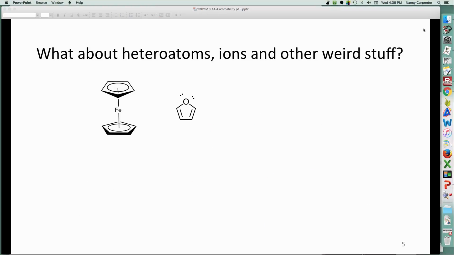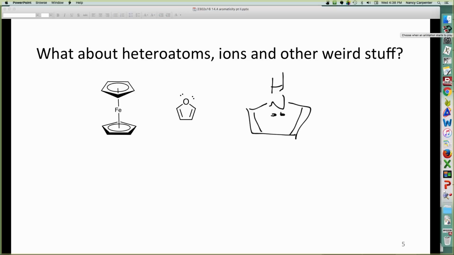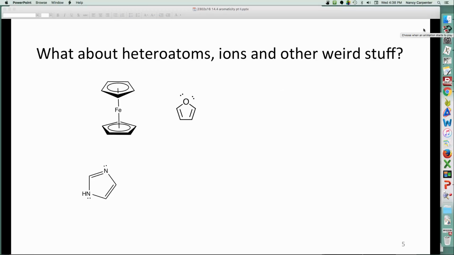How about this guy? This is furan. Furan is much like pyrrole, and pyrrole we looked at in the previous mini lecture. So you should decide if this is aromatic or anti-aromatic. What's the story with pyrrole? And then how about this one?